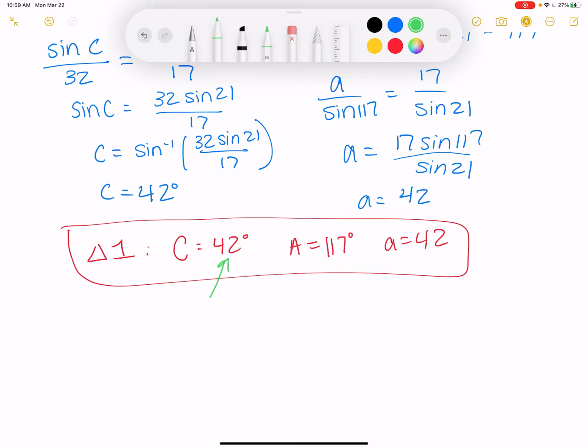For triangle 2, we're going to have 180 minus whatever your C value was before, so 180 minus 42 is equal to what? 138. And this is my new C angle. Is that capital C? Yeah. Do we understand what I'm saying here? Yeah. Okay, we need the reference angle.